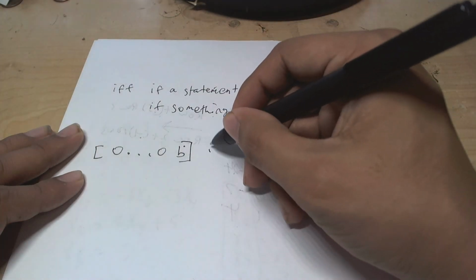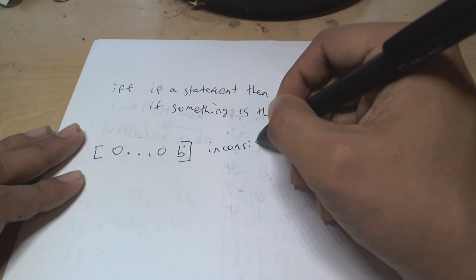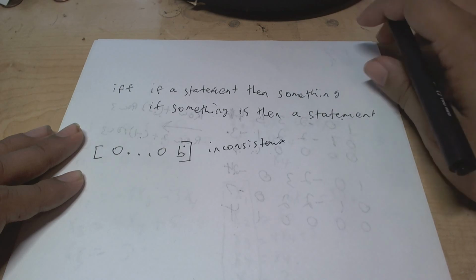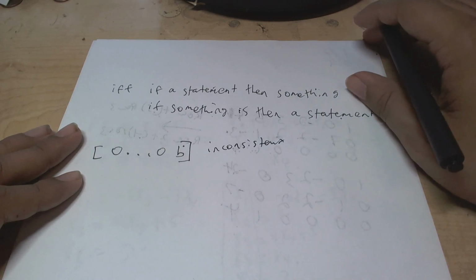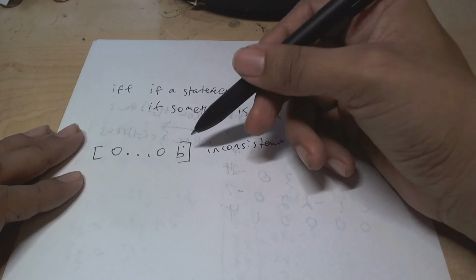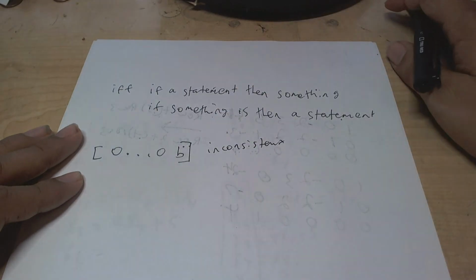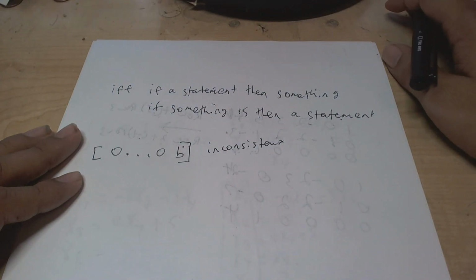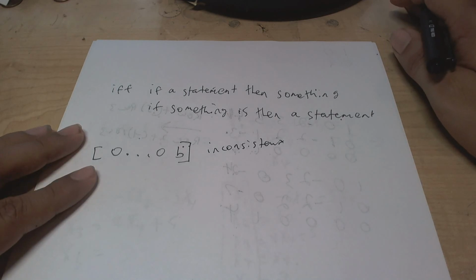So this means inconsistent. If you have a row like that in echelon form, then it's inconsistent. If you have no row that looks like this in echelon form or reduced echelon form, then it's consistent.